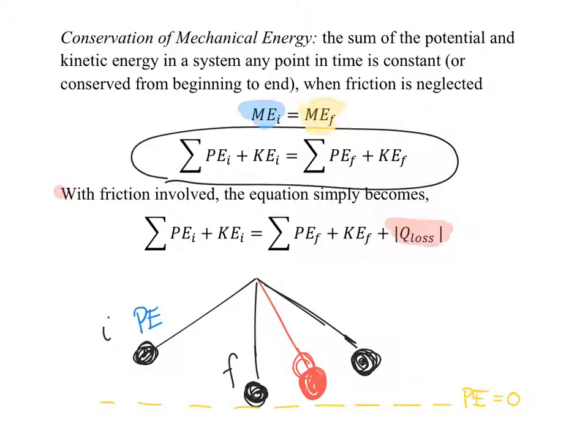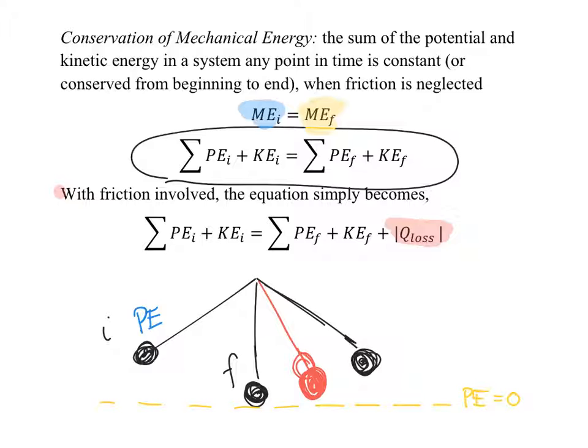If there's no height, what can I say? There's no potential energy. Very good. There is no potential energy at the bottom because there's no height. So what energy must it all be at the bottom? Chris? Kinetic.